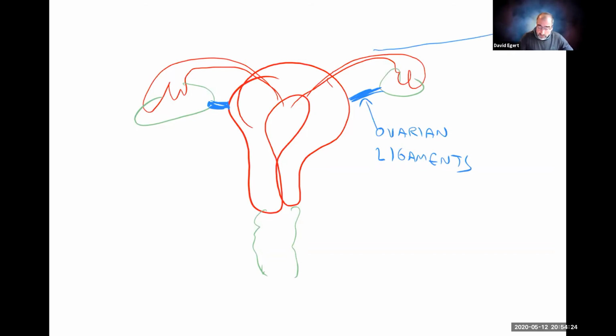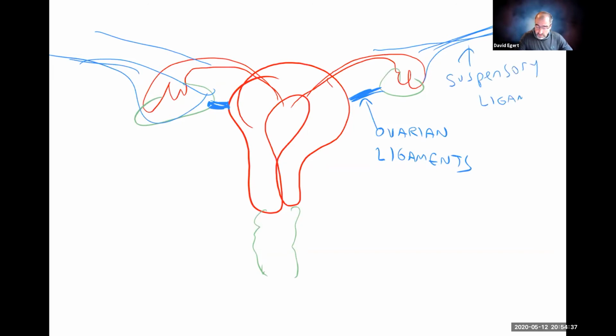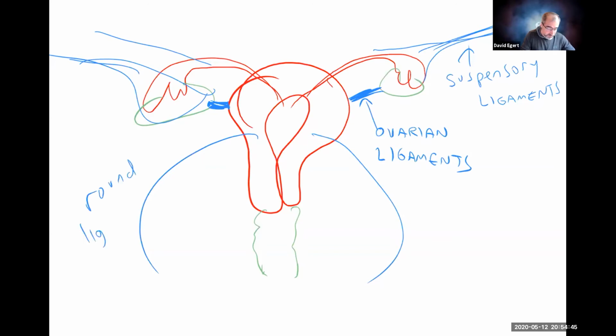And then there are also things that go off to the side of the body wall. They call them suspensory ligaments. Again, we talked about the round ligaments that go from the uterus to the labia majora.